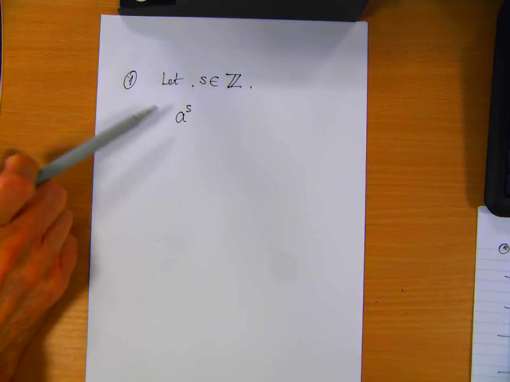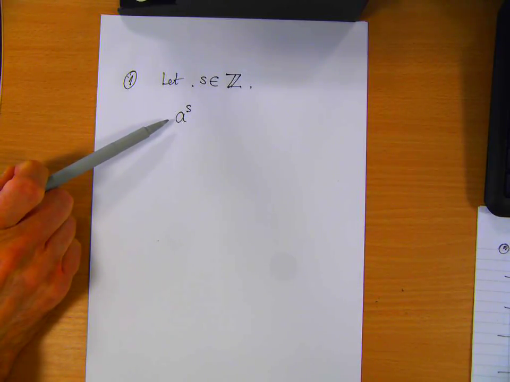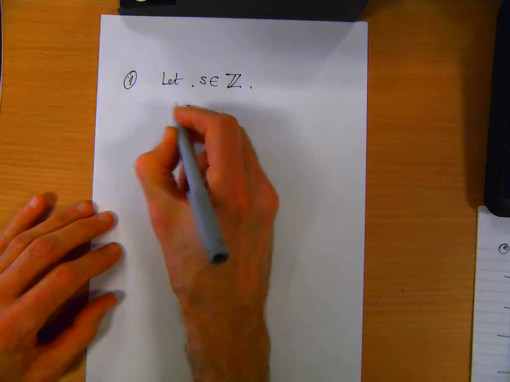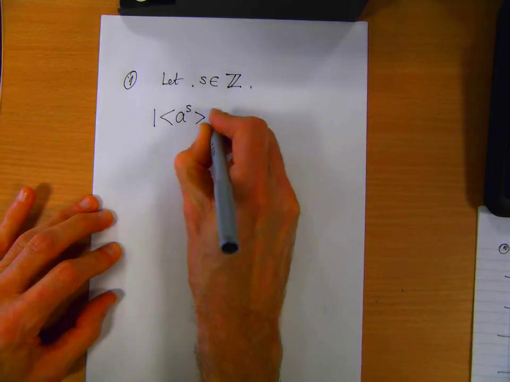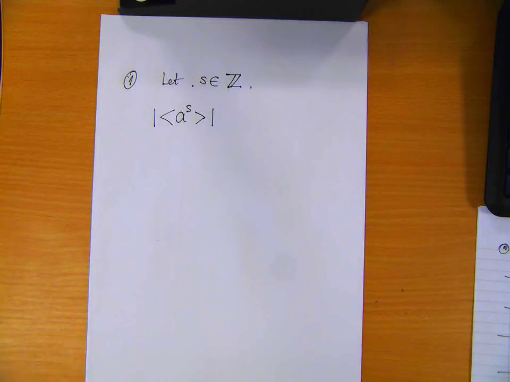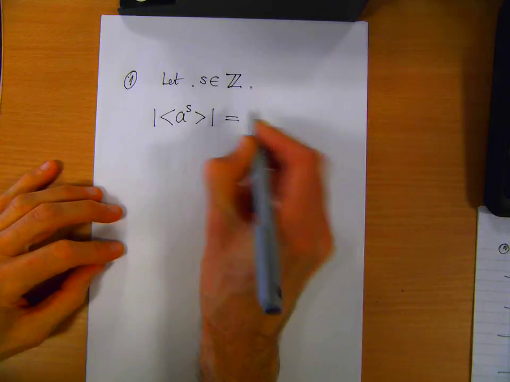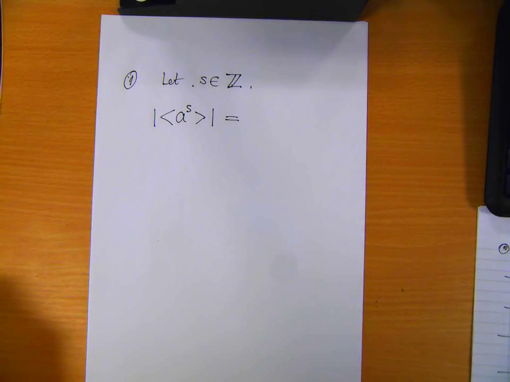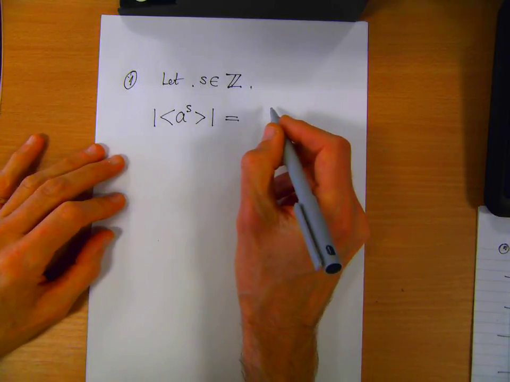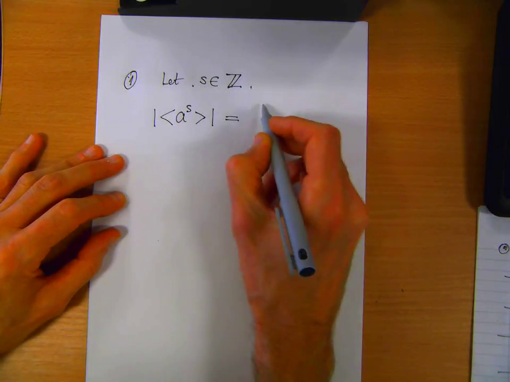So a is generating my group, so a has order n. What about the order of a to the s? How do we compute the order of a to the s? Well, if you play around with some examples, you'll see what the result might be, and I'm just going to state it.